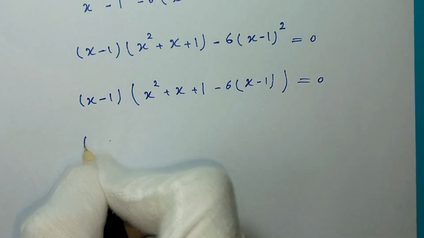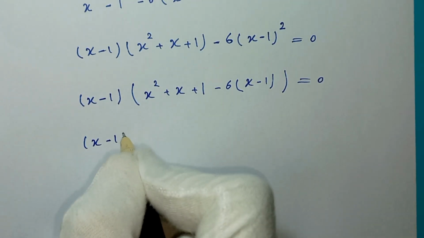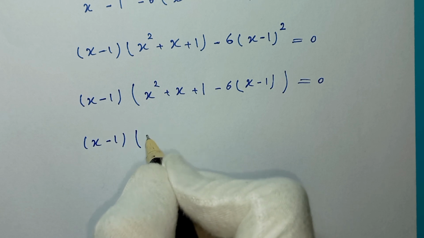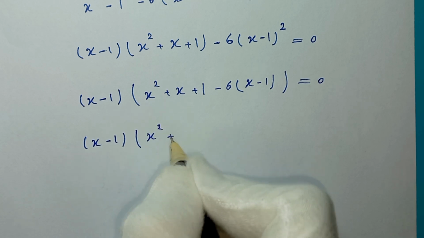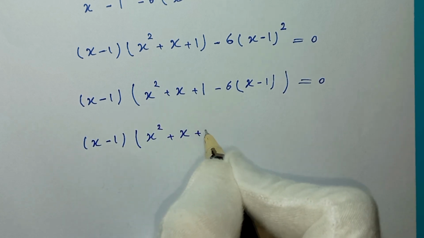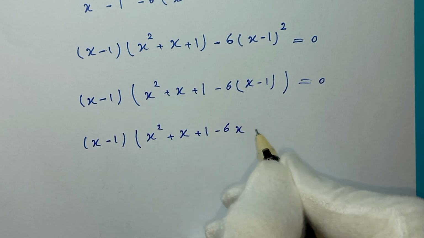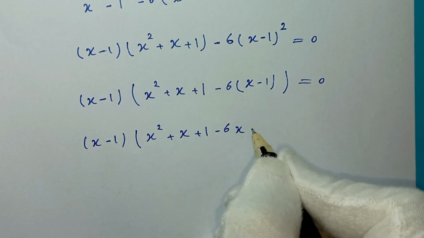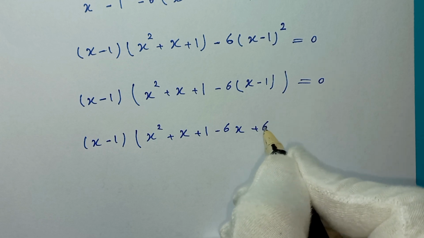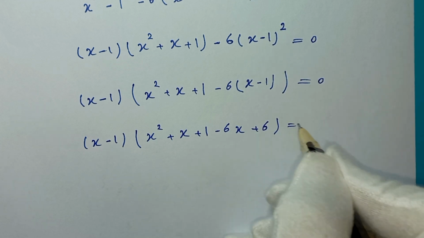It will be x minus 1 times x squared plus x plus 1, and this times this minus 6x, and this times this is positive 6, equal to 0.